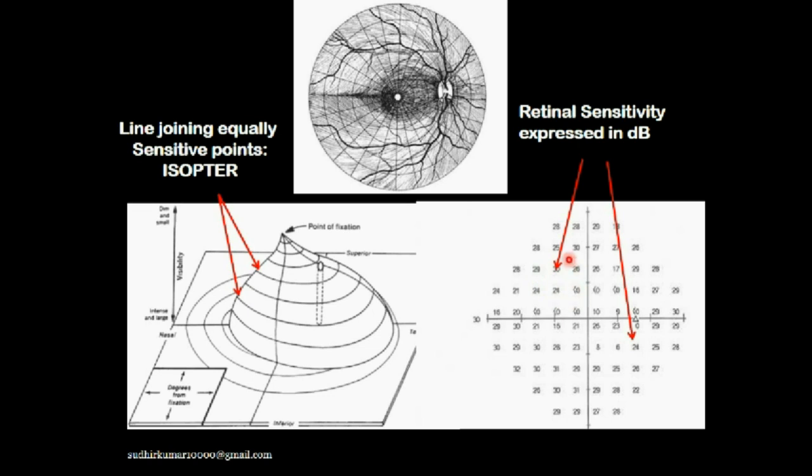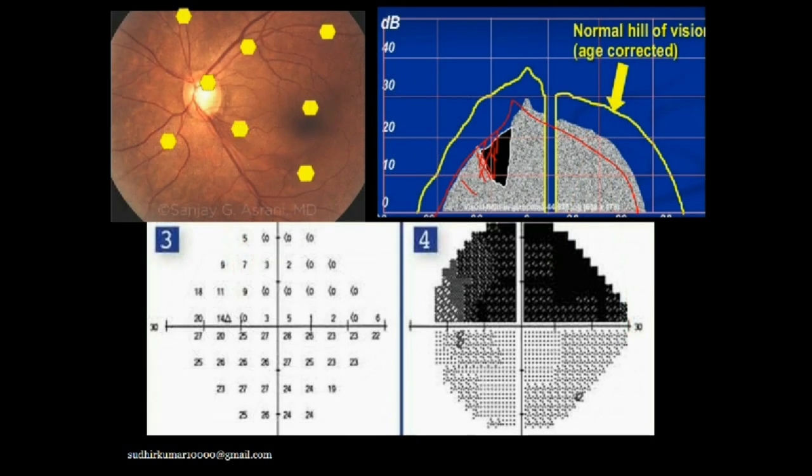In between, numbers are attributed to various points depending upon the program which we are using. Here you can see the lights thrown on different parts, and the sensitivity is recorded in decibels.